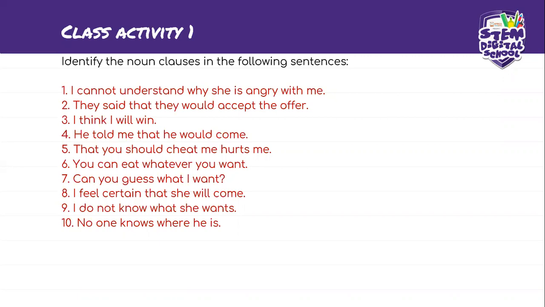Remember, we said that a noun clause is a group of words with a finite verb, and it acts as a noun and can be the subject or the object of a sentence.